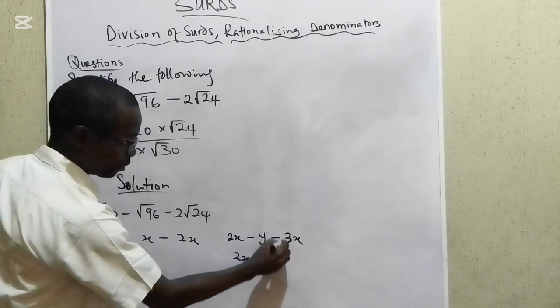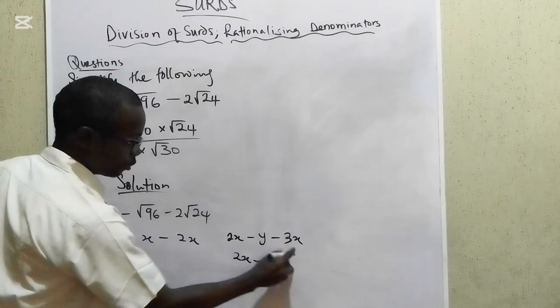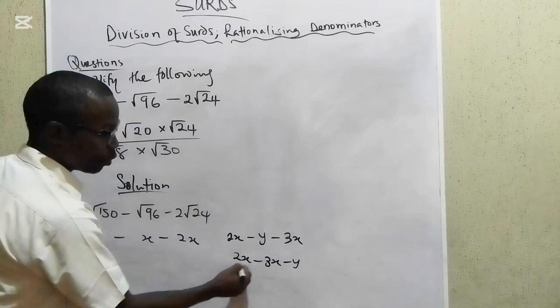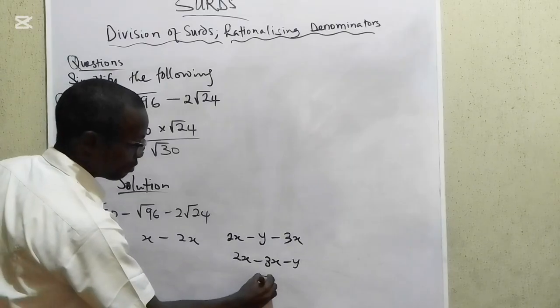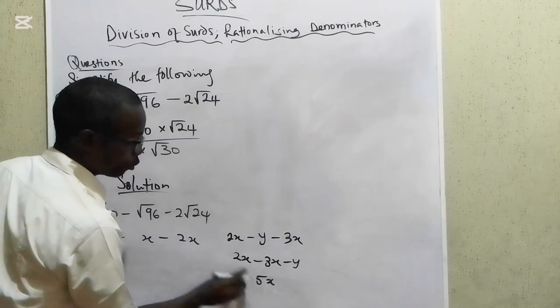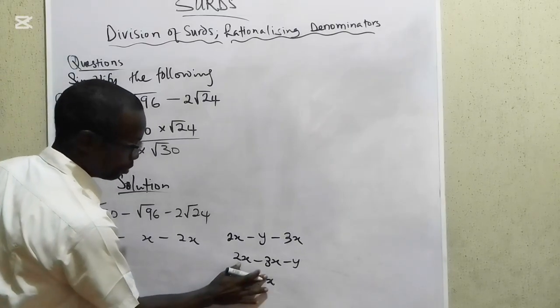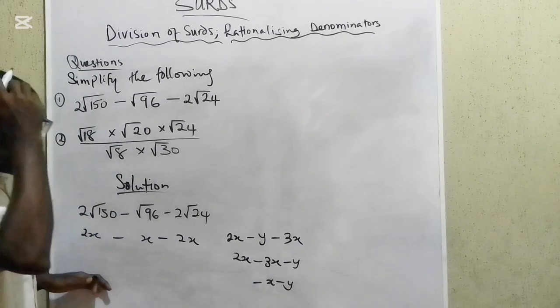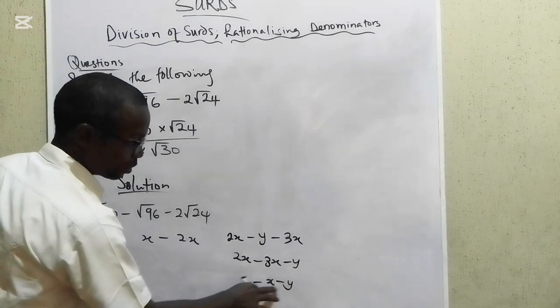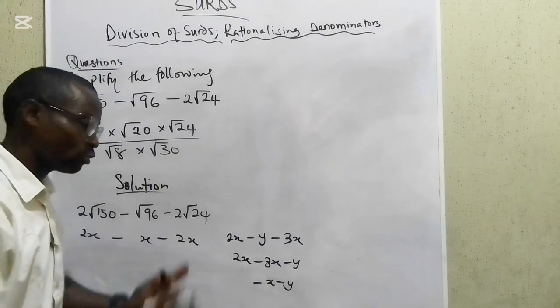Bring this one here, minus 3x, and this one here, minus y. So these two are now the same thing. You will just have it as like say 5x, minus x minus y. And since both of them are not the same thing, you can't proceed further. You just leave it there.